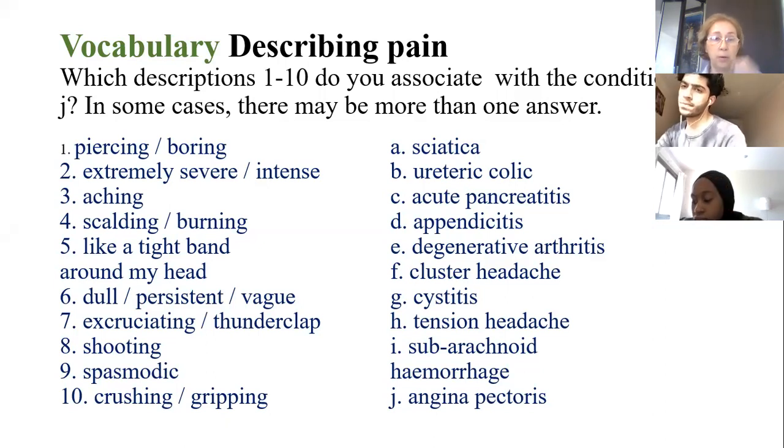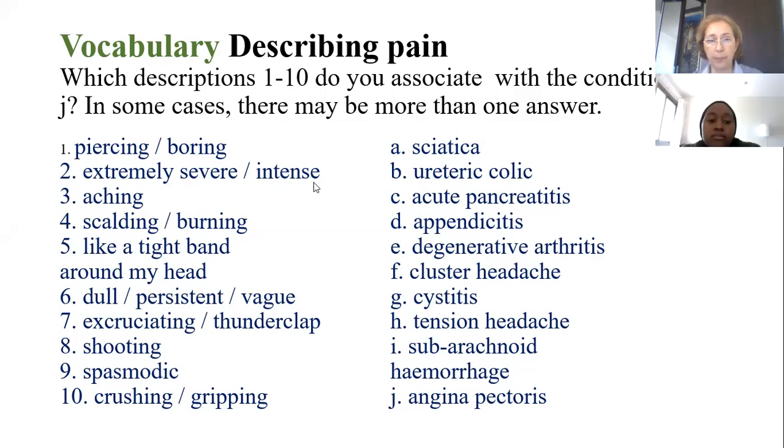Okay. So then if the patient says extremely severe or intense pain, which condition can we associate it with? Extremely severe or intense pain.